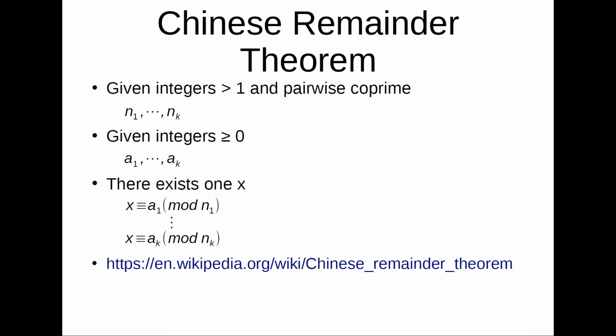And then you have a set of integers a1 to ak, which are greater than or equal to 0. Then there's one and only one x, where x is congruent to a1 mod n1, x is congruent to a2 mod n2, and so on, all the way to x is congruent to ak mod nk.